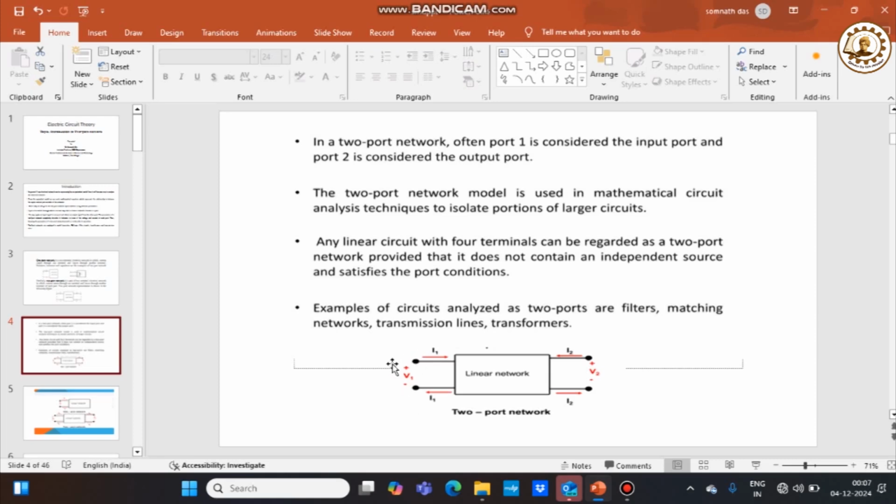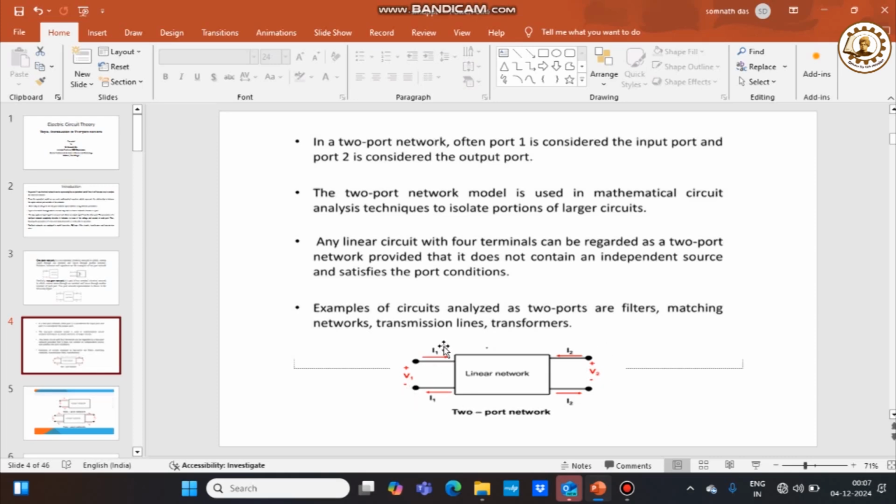Normally the input port is port 1 and the output port is port 2. Port 1 is known as the input port because we are applying the source across these terminals. The source is connected across the terminals to drive the electrical network, and from port 2 we are getting the response. Normally a load is connected across terminal 2, or any other electrical network is connected in cascaded form.